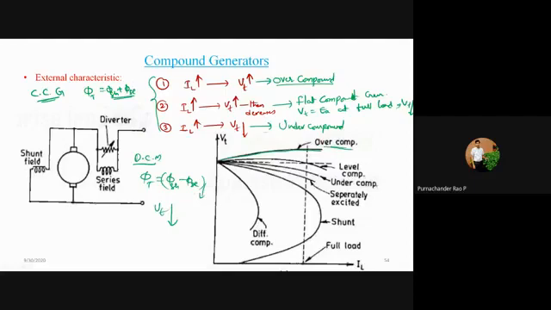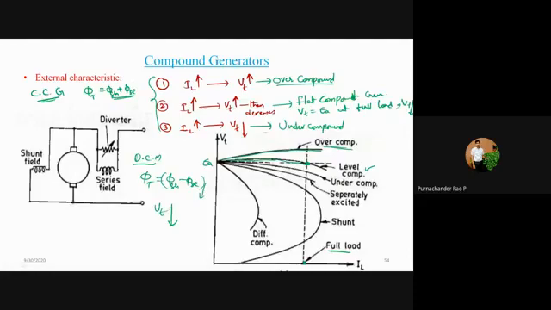And the second case: the voltage is increased, then it goes on decreasing, reaching at the full load condition a terminal voltage equal to the no load voltage EA, and therefore this is known as the level compound generator.